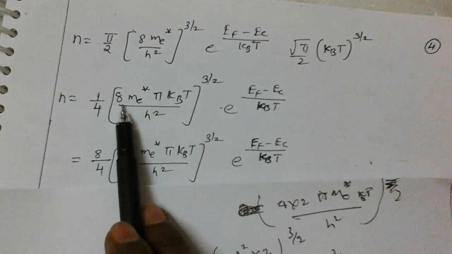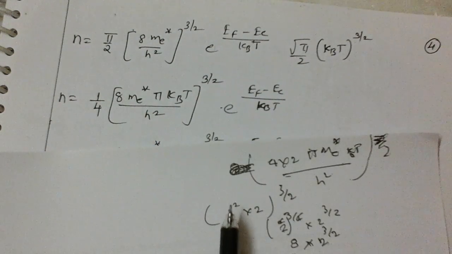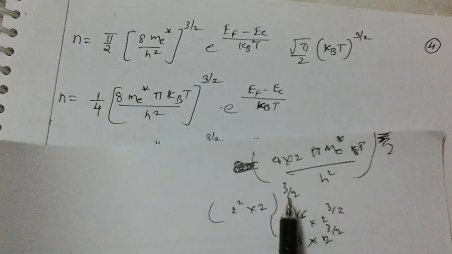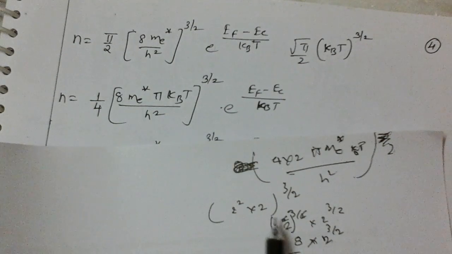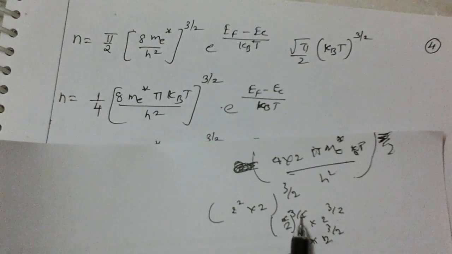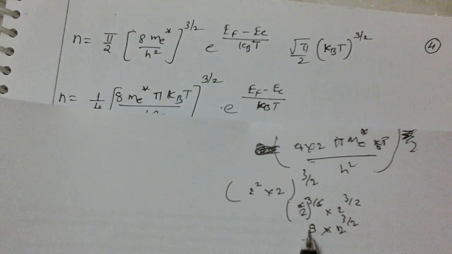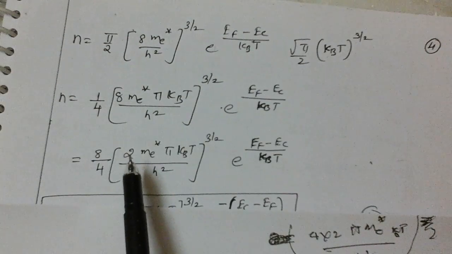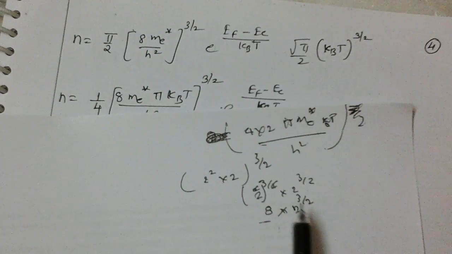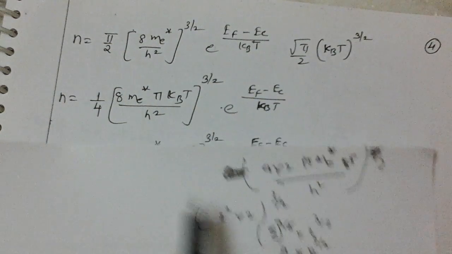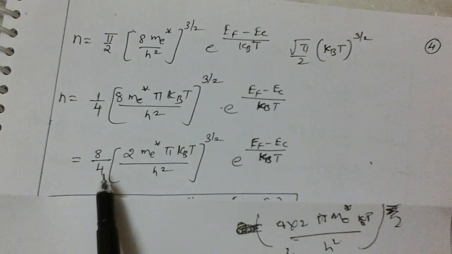Opening this 4, we get 2 square whole power 3 by 2 and 2 power 3 by 2. 2 and 2 cancel, 2 cube happens, so 8 we are getting. Here 2 power 3 by 2 as it is, so 8 can be written as 2 inside because it is having 3 by 2, so inside I am writing. It is not having 3 by 2, so I am writing outside, so 8 by 4 happening.